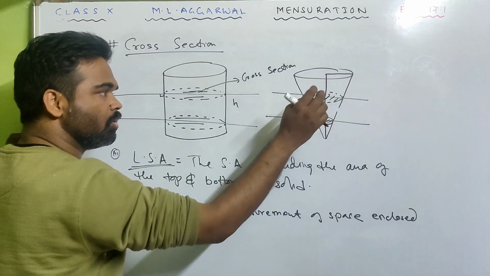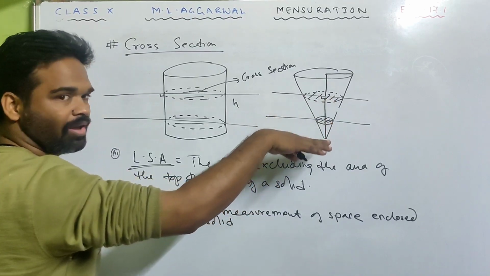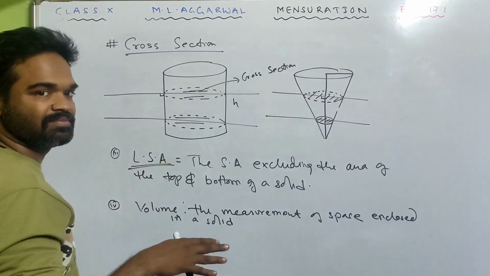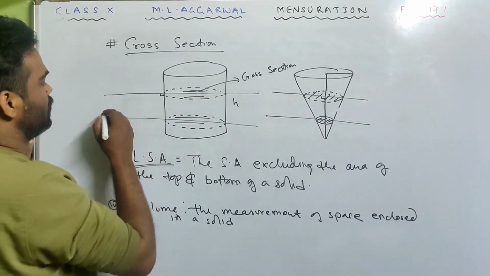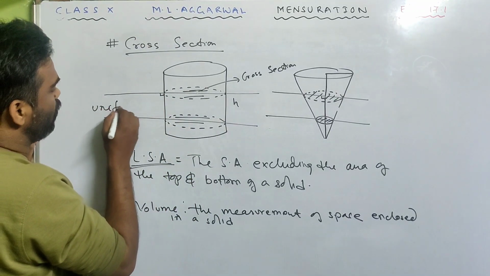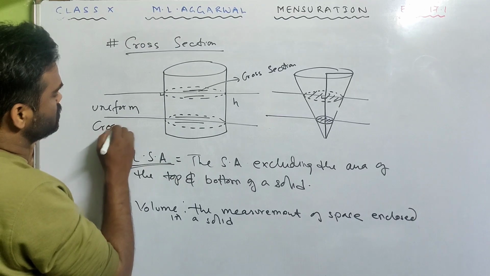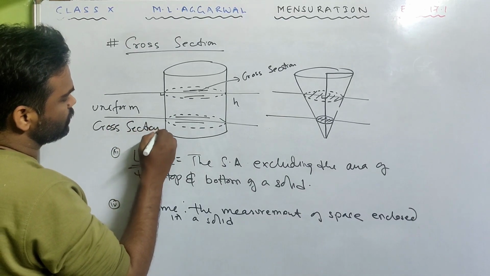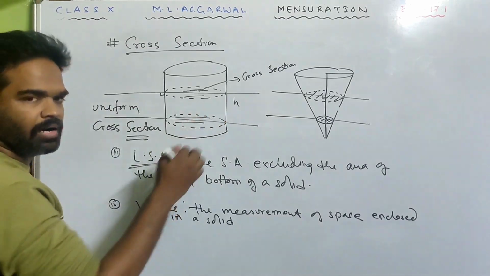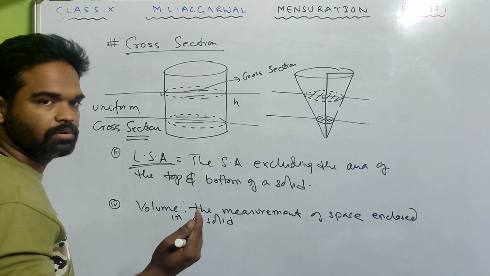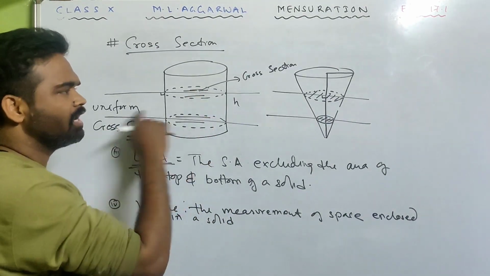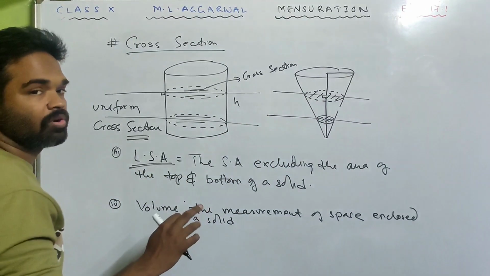So this is a solid with non-uniform cross section. But when you talk about a cylinder, it has uniform cross section, because wherever you make a cut, the surface exposed is similar.